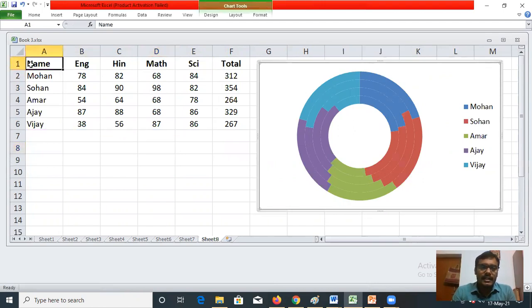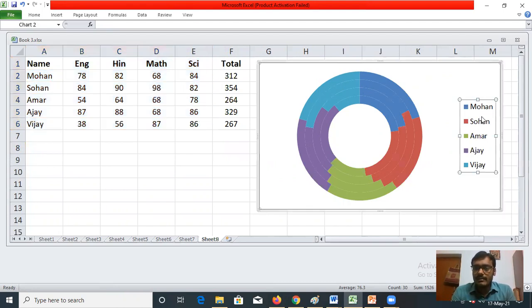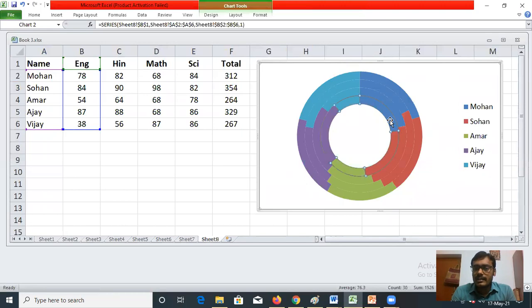I selected this data, and according to this data I created this Doughnut chart. Different colors denote the names of different students, and there are many layers of this chart: first layer, second layer, third layer, and fourth layer. All the different layers denote different subjects.